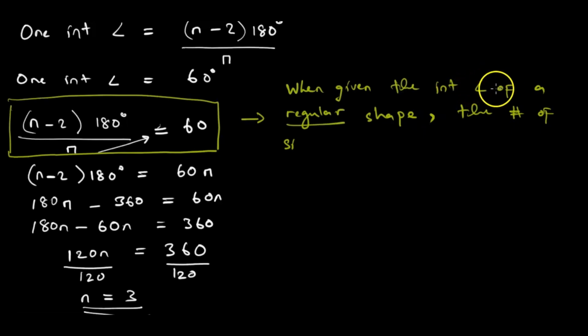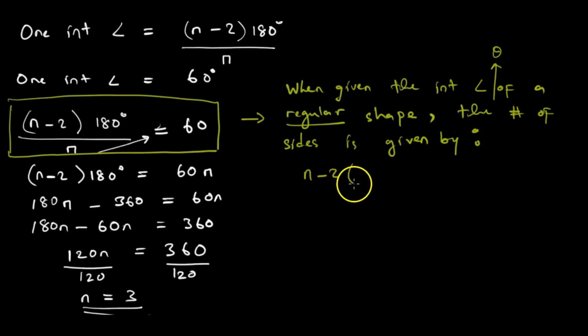Sangati titapiwa the interior angle yacho tungati theta. So the number of sides is given by (n minus 2) times 180 over n is equal to theta.